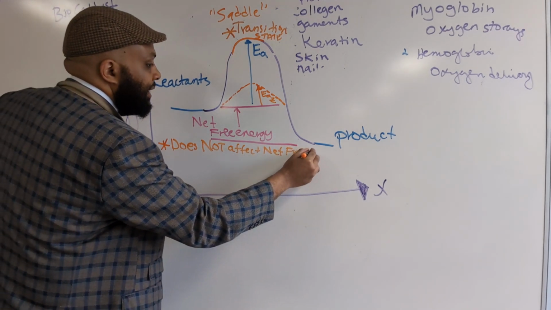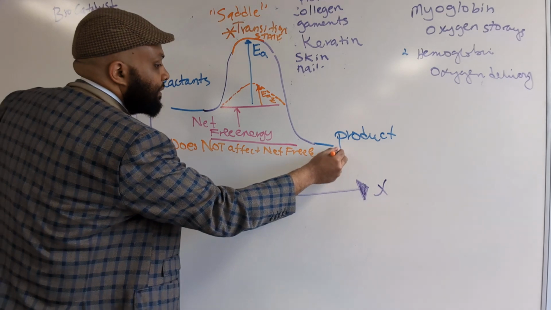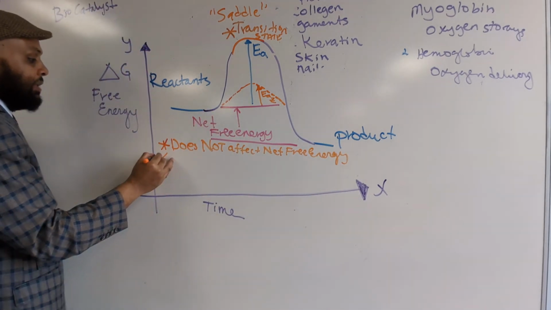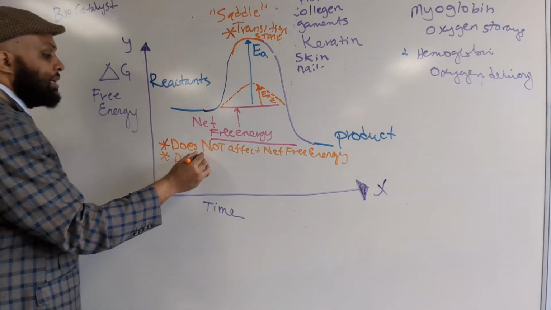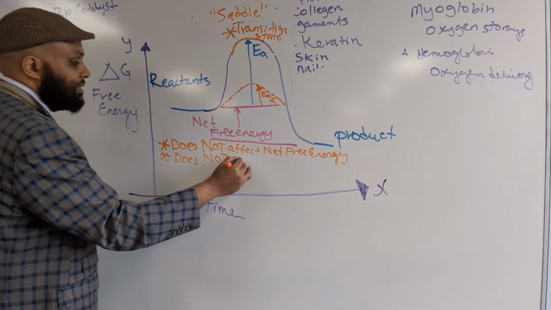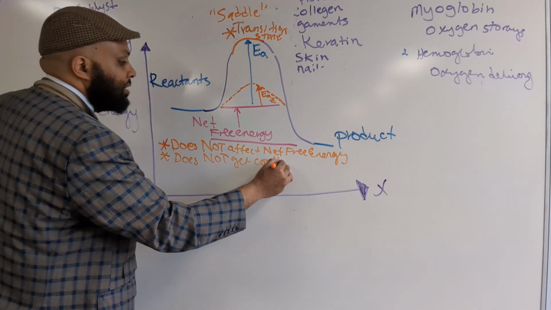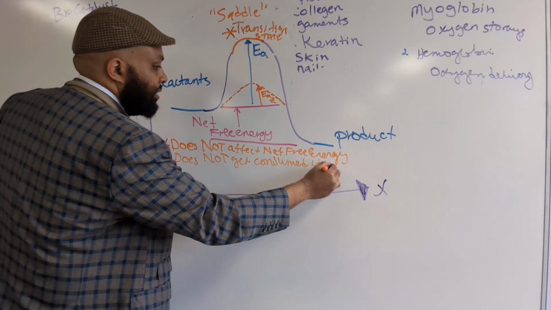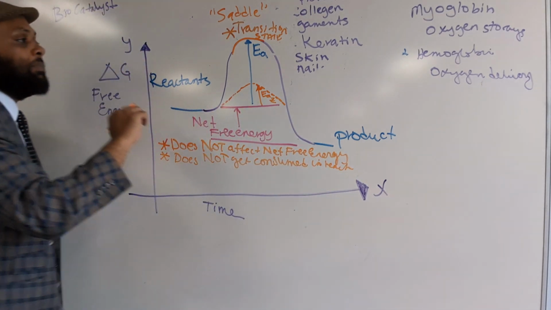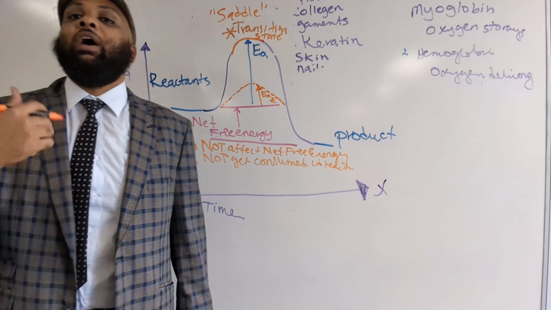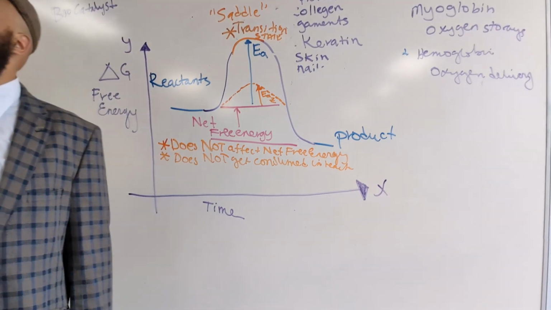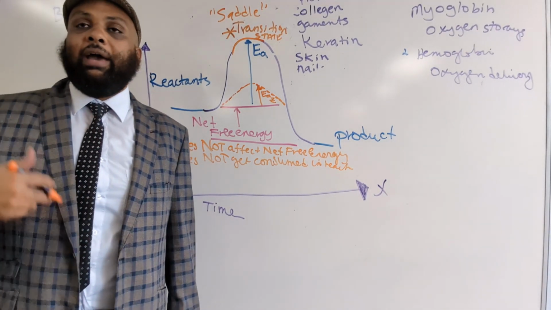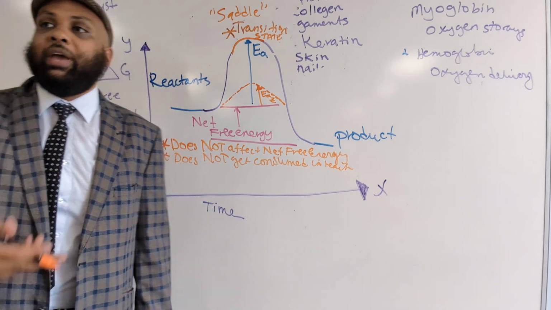So you must remember that the enzyme, number one, does not affect the net free energy. Number two, it does not get consumed in the reaction. So the enzyme is always going to be there, ready to be used more and more, and to catalyze more reactions.